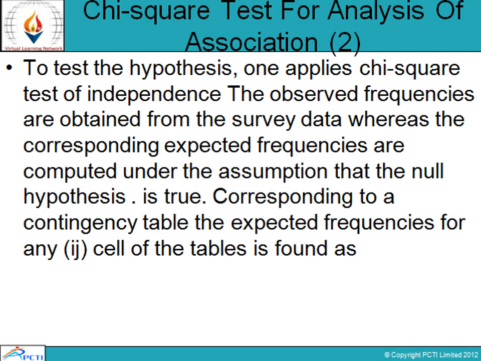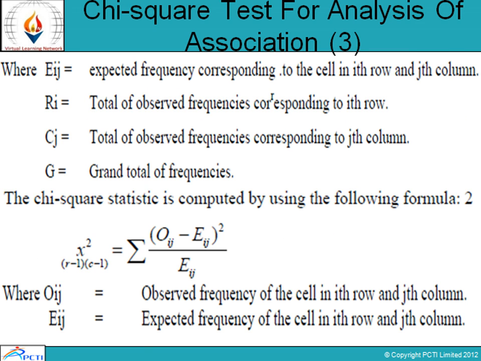Now to test these hypotheses, the chi-square test of independence can be applied. The frequencies which are obtained are observed from the surveyed data, whereas the corresponding expected frequencies are computed under the assumption that the null hypothesis is true. So corresponding to a contingency table, the expected frequency Eij is the expected frequency corresponding to the cell in the ith row and jth column.